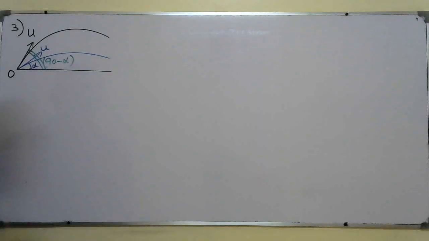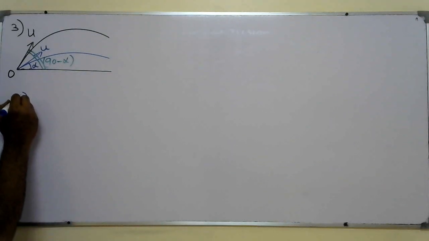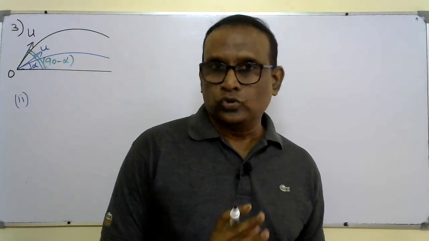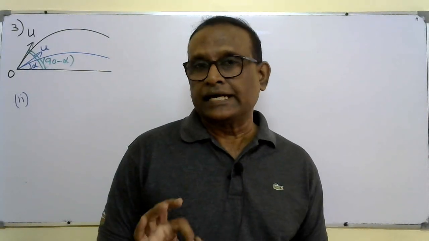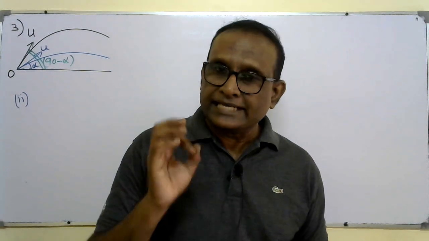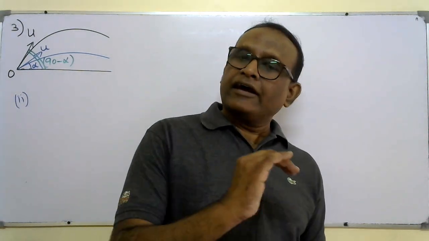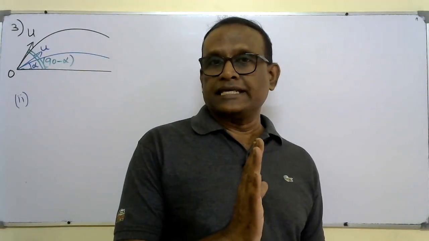Okay, now second part. During their motion, both were projected at the same time, at the same speed. So when they are in motion, which one will have larger horizontal displacement at an instant?